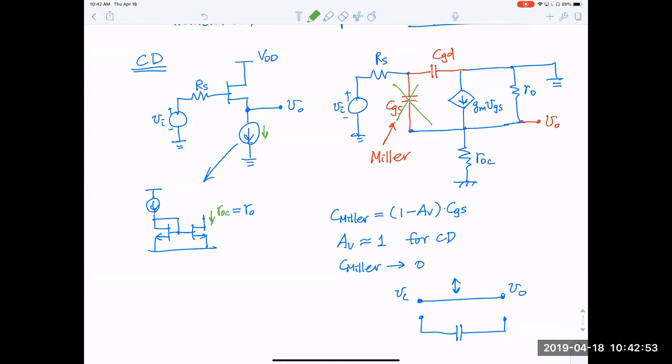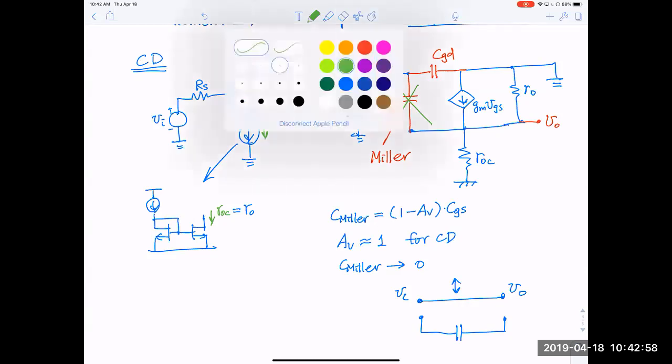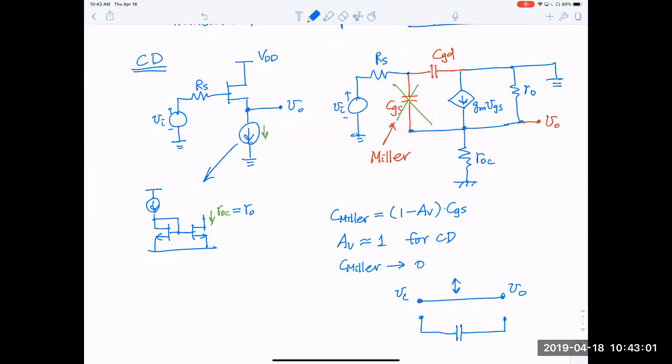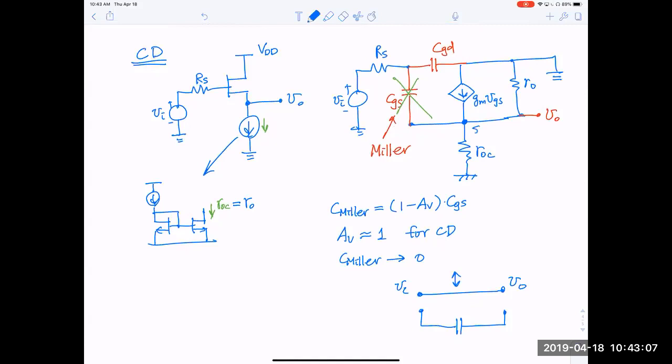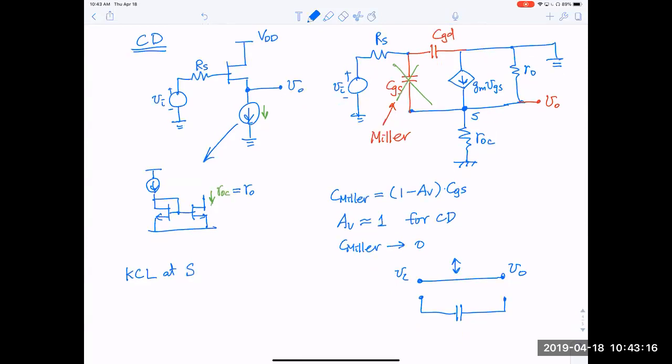So we have a very simple expression here, and we can do analysis, maybe KCL at the source. If we do KCL at the source, we have current coming in, which is gm VGS, and current going out.